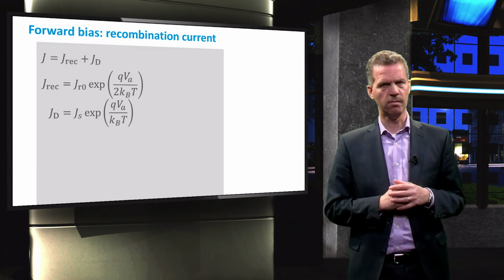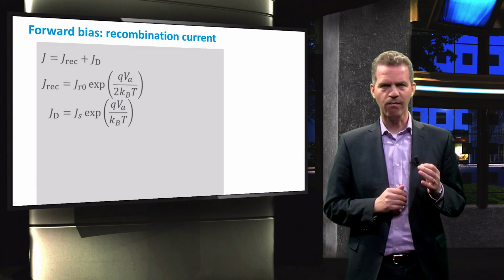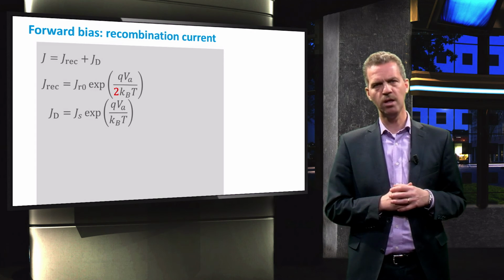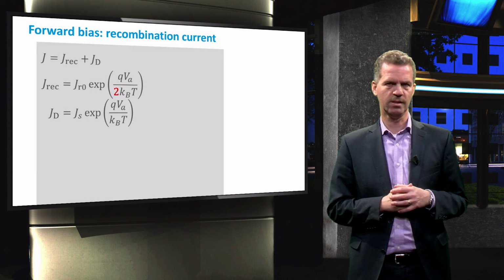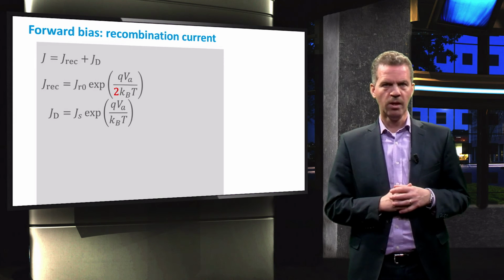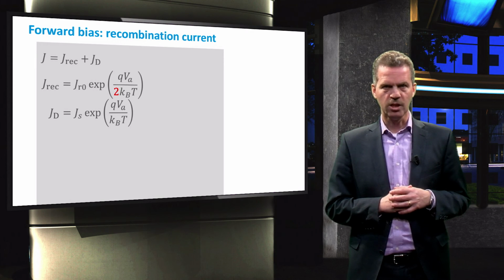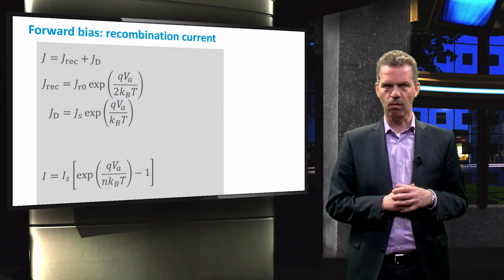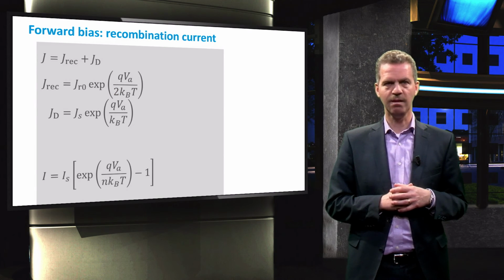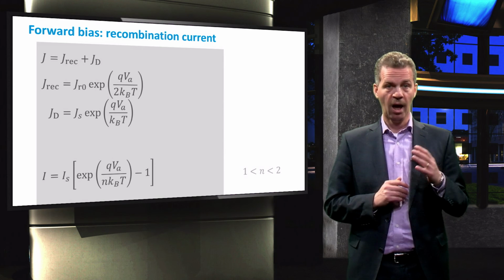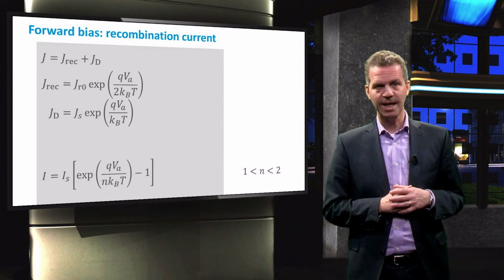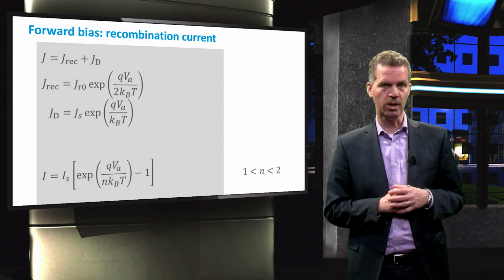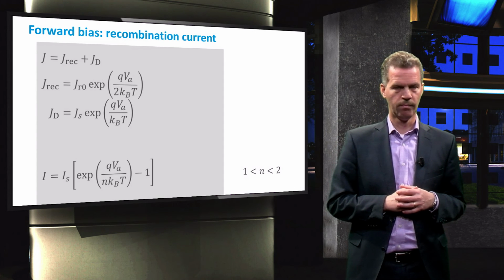However, there is an important difference, namely the factor of 2 in the denominator of the argument for the recombination current density. In general, the diode current voltage relationship is written as the following equation, where the factor of 2 is incorporated in the variable n. This n is called the ideality factor and varies between 1 and 2.